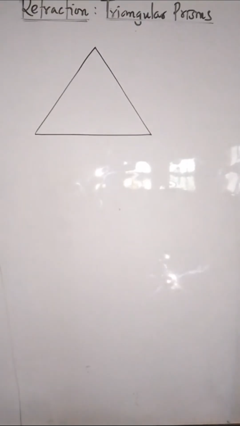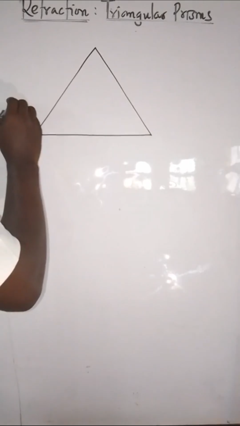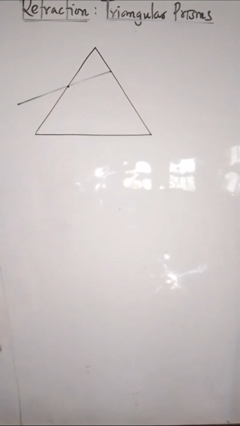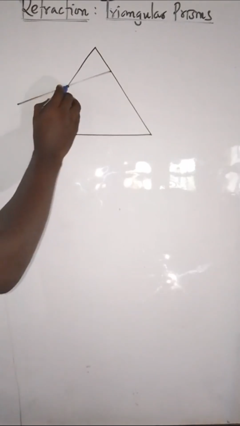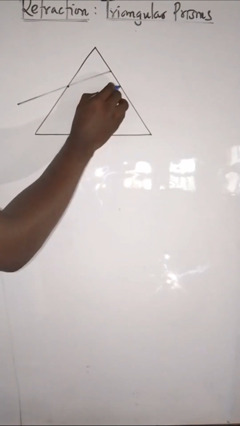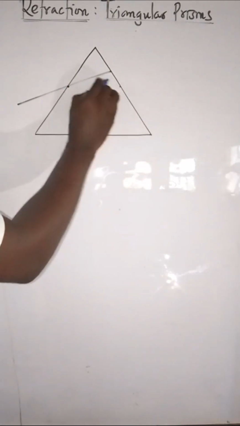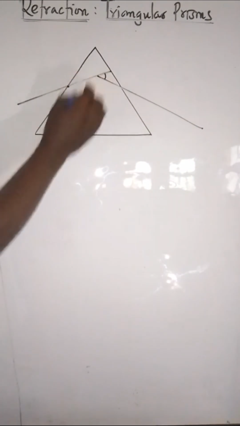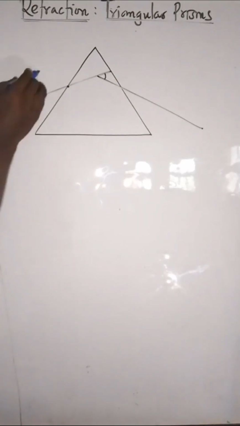In summary, if you have light that falls on the prism this way, it will refract and touch here. After here, it will refract again out. So this is the angle of minimum deviation in this case.